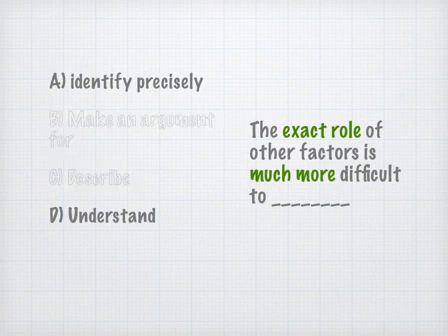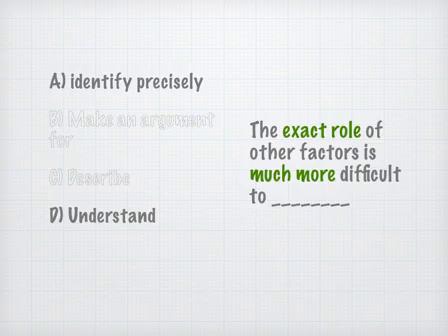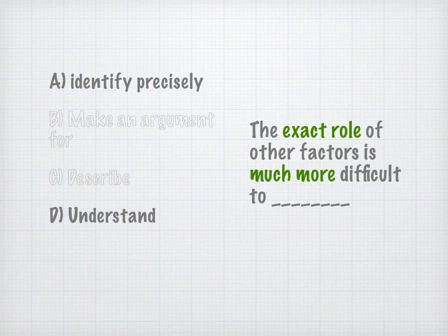The exact role of other factors is much more difficult to identify precisely. Now, as I mentioned before, we have this word exact and we have this word precisely in option A. Precise means exact, and the addition of an ly suffix turns this from an adjective into an adverb.